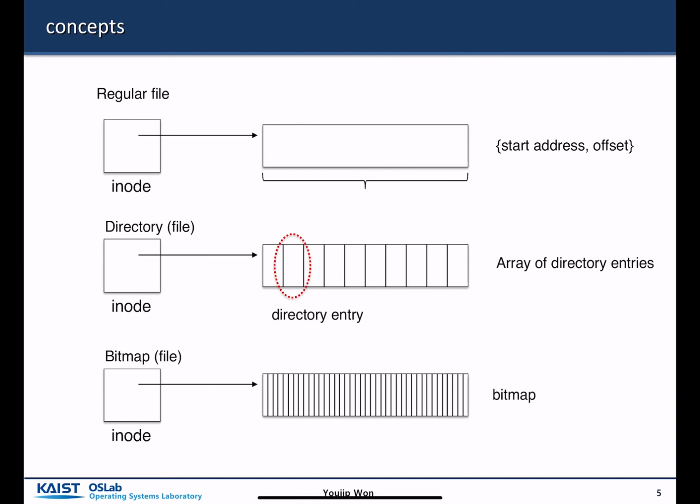Before we move on, let me introduce another basic concept. There is a file. This is just a regular file, and this is a directory, and this is a bitmap. Each file has actual data. These are the data blocks.